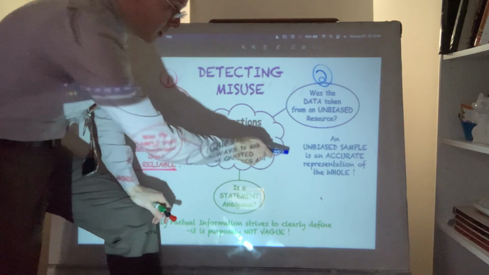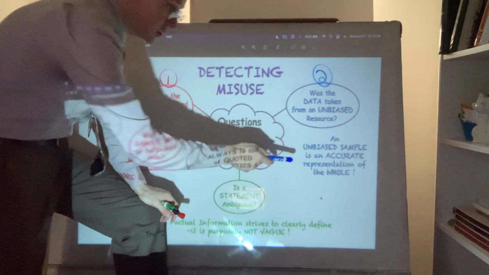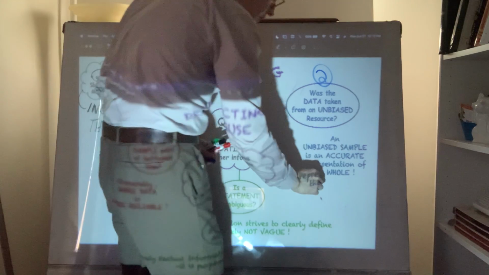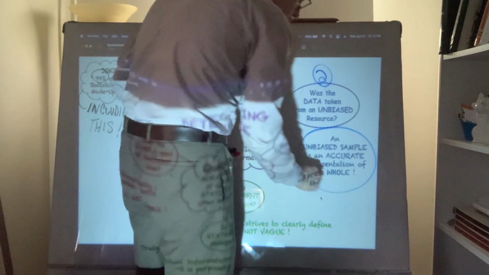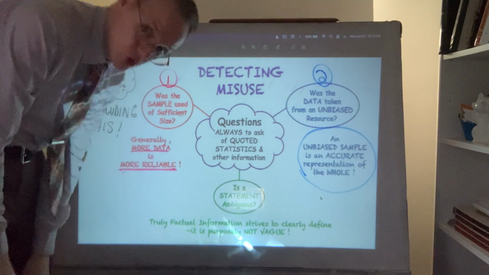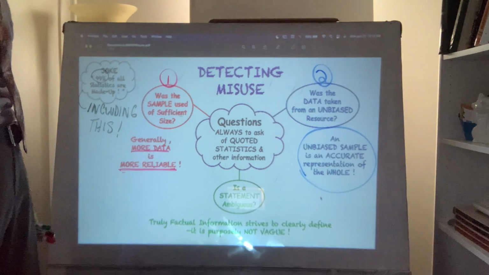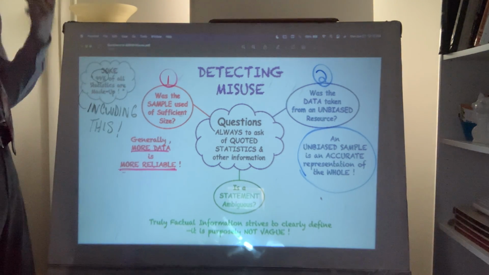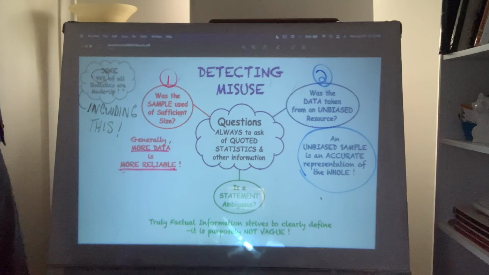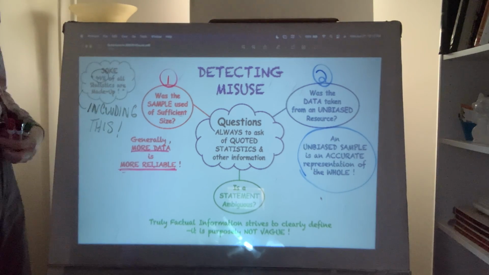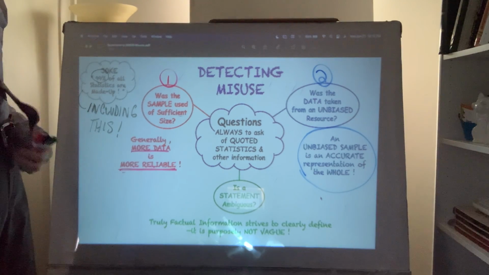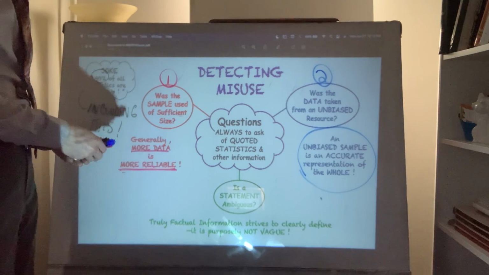An unbiased sample is an accurate representation of the whole. So again, don't go down to the zoo and start asking people about the zoo, because whether they like the zoo or not, that's just silly. Don't go down to the IRS and ask people if they like paying taxes. I'm sure you'll get some grumbles.